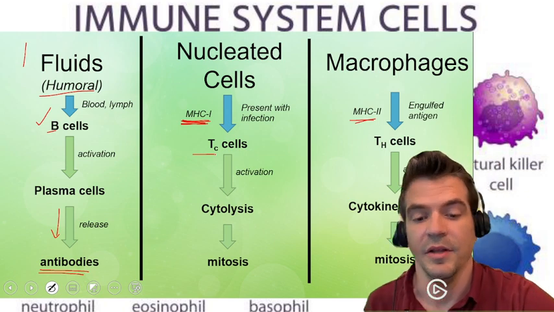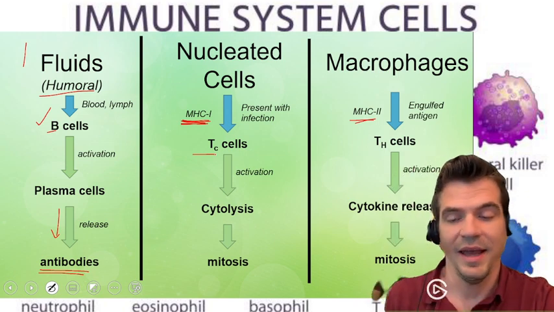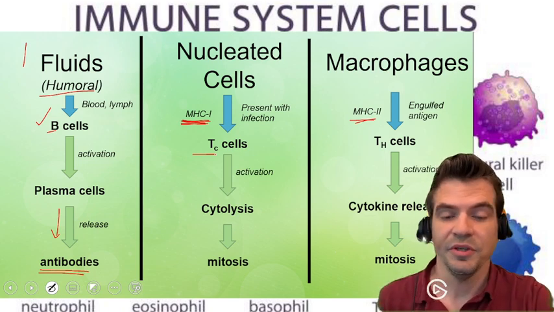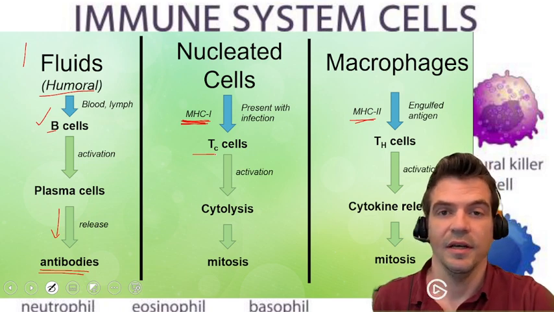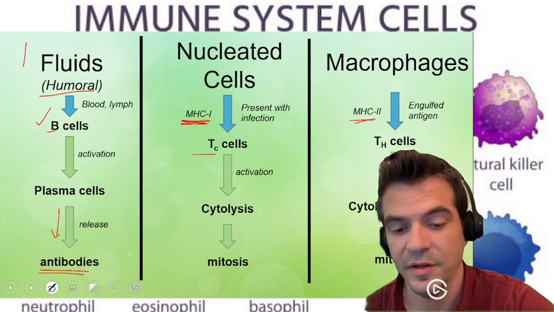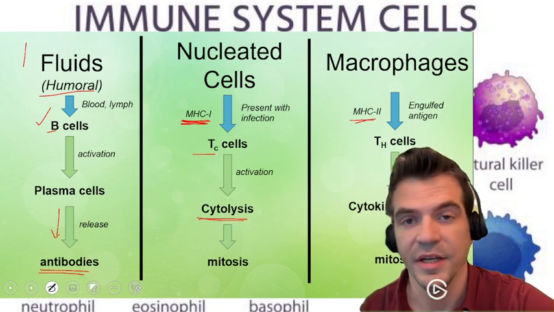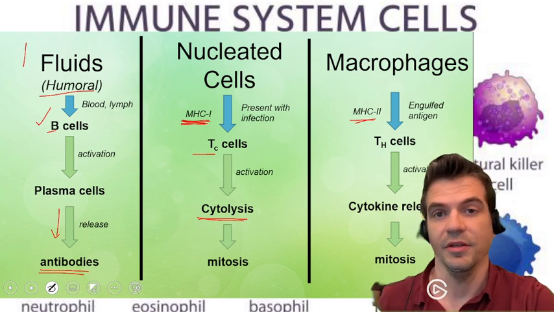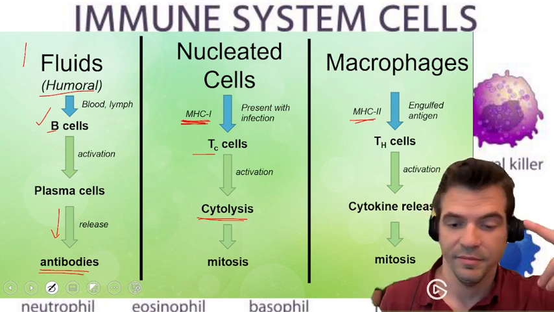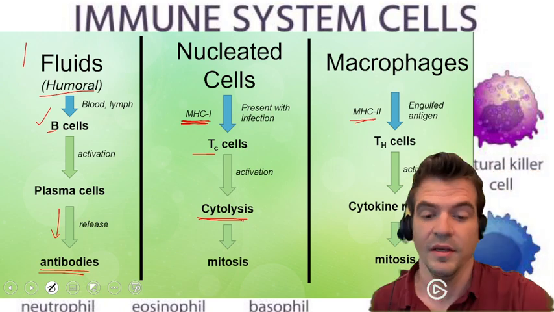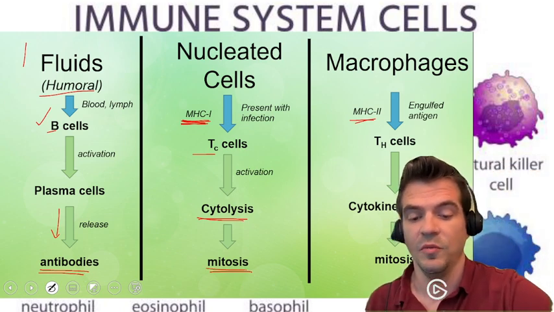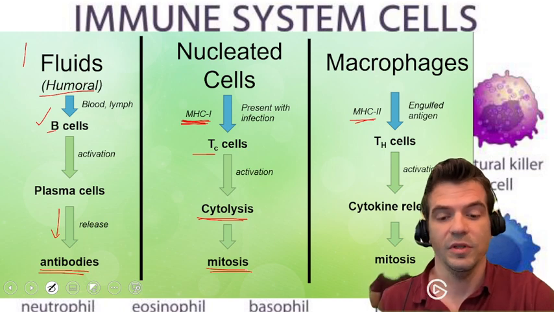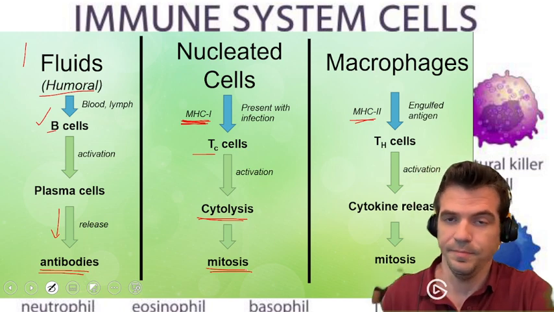They activate, and when we say activate, we mean proliferation. Proliferation of these T cells will then target these infected nucleated cells with cytolysis, and destroy the infected cells before they can spread some more. What we mean by proliferate is the T cells undergo lots and lots of mitosis.